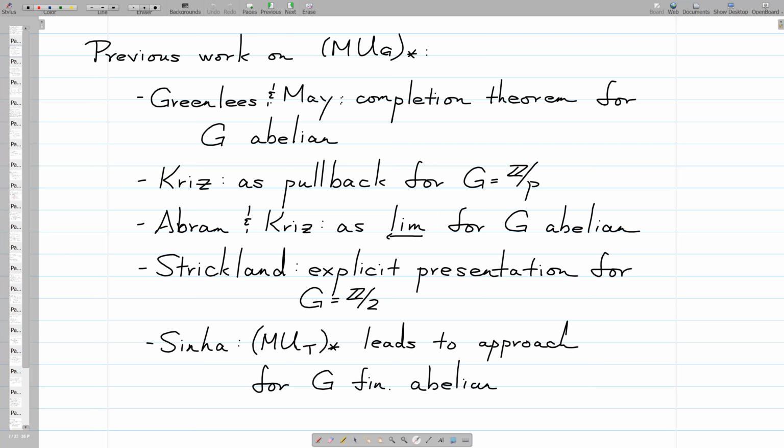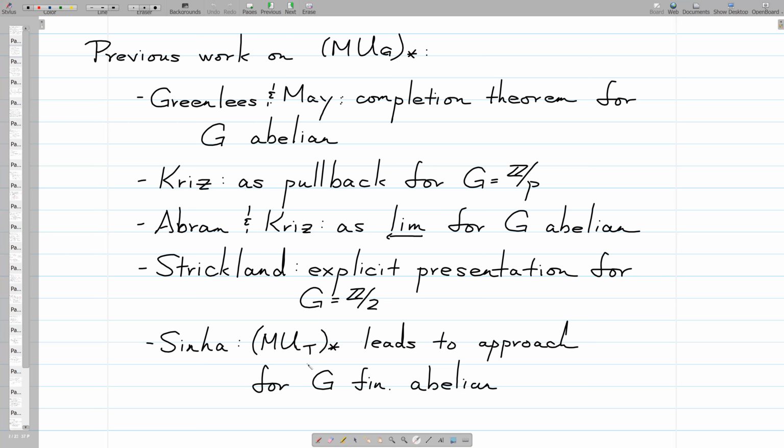Neil Strickland gave an explicit presentation just in the case when G is Z mod 2, which is basically an algebraic computation based on the pullback square that Kriz had. Then Dev Sinha had a different approach: he computed MUT star, where T is a torus.